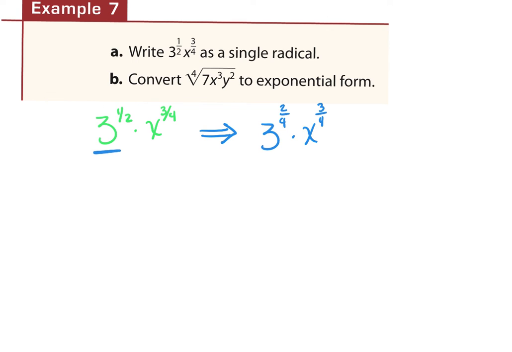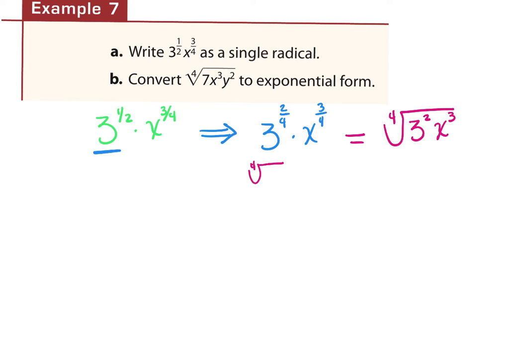So these are the same denominator, which means they're both going to be under the same root. The thing about roots is that you can multiply them as long as they have the same index. So if I were to rewrite this, I can say this whole thing is the 4th root of 3 squared x to the 3rd. Why does that work?